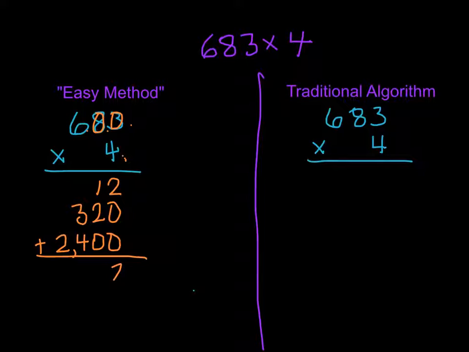Then I add my partial products to get my total product, 2,732. Now, using the traditional algorithm, it's the same process, just things are written a little bit differently. I start with the 4 times the 3, which is still 12, except the 1 from the 12 goes up.